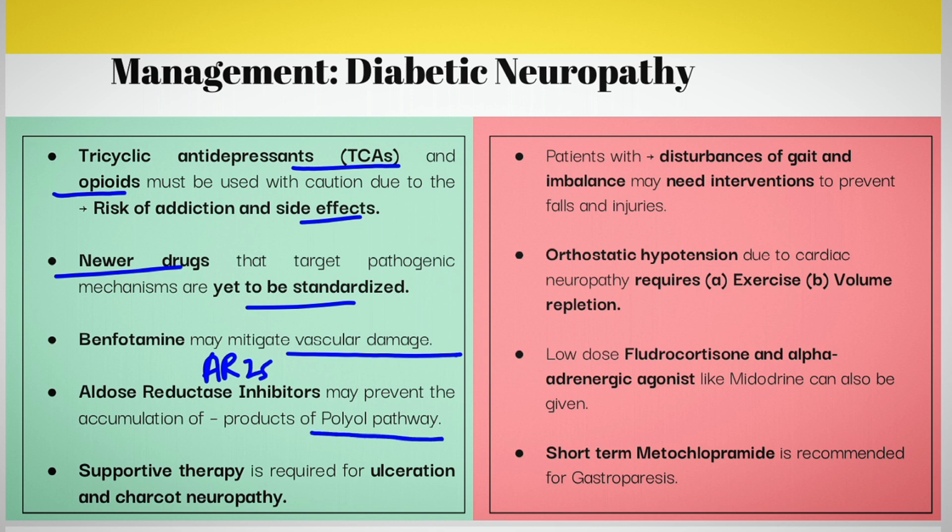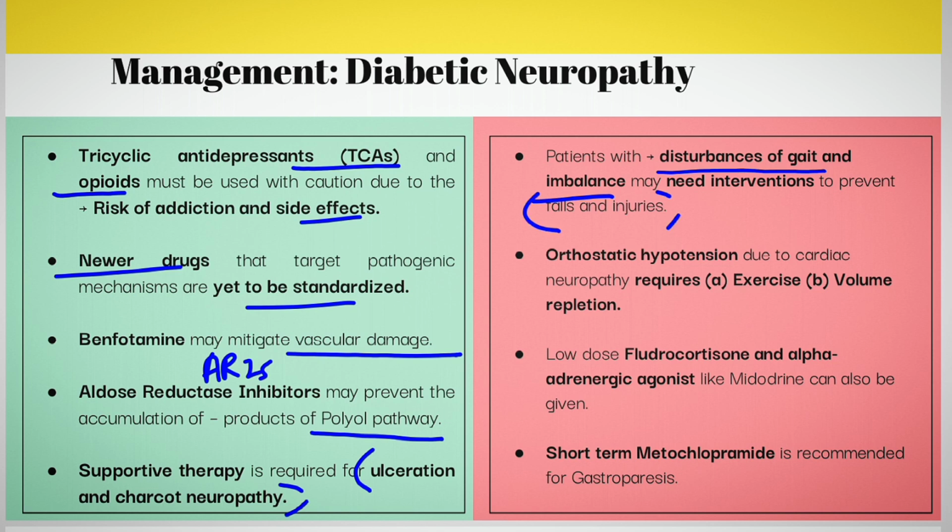Supportive therapy is required in any condition of ulceration or Charcot neuropathy. If any patient has disturbance in gait and imbalance, we also need to give some intervention so that we can prevent falls and injuries like fractures.